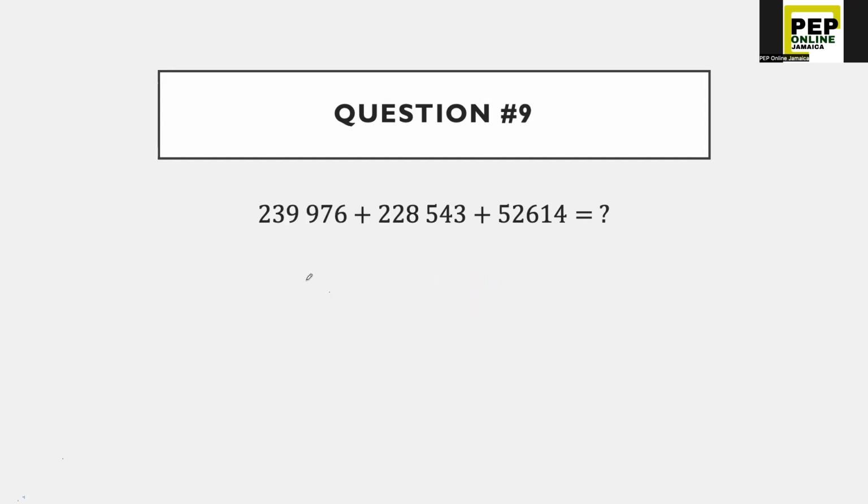Question number 9. A little bigger the numbers are getting, but no problem. We're still in the hundreds, thousands. 239,976. We set that up properly. We're adding that to 228,543.